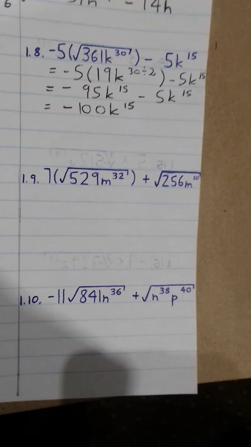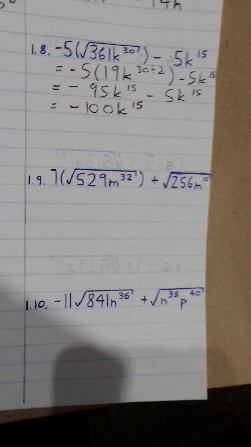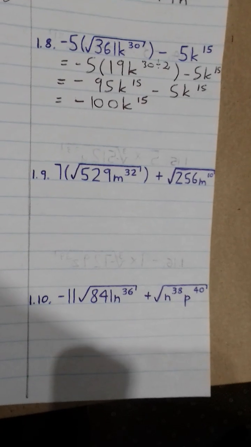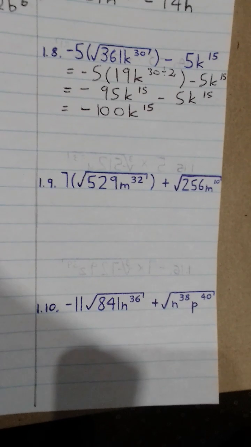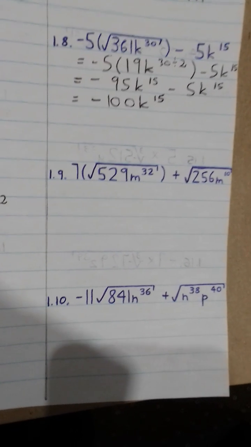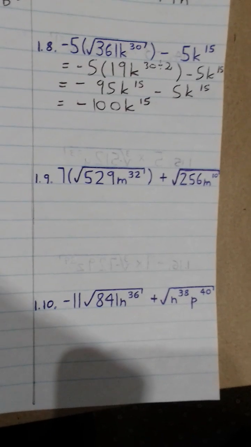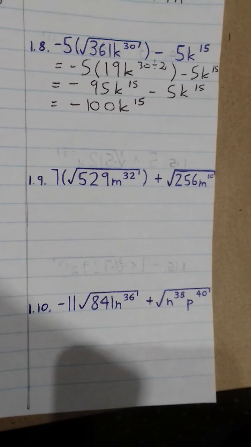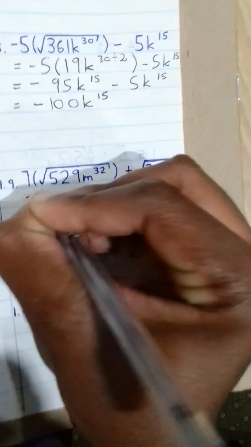1.9, 7 open bracket, square root of 529 m to the power of 32 close bracket plus square root of 256 m to the power of 10. 7 open bracket.